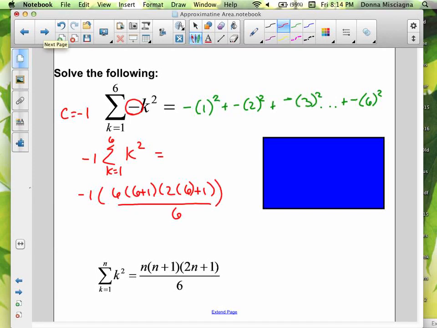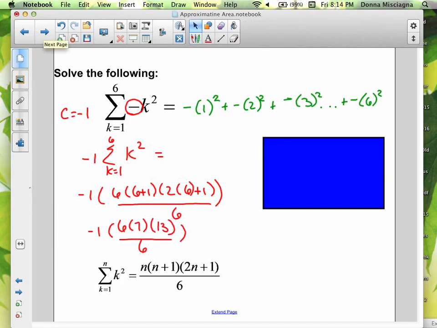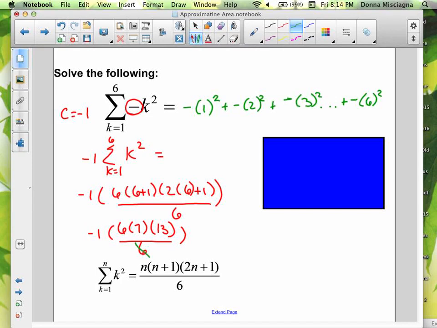Now I think I have all my parentheses in the right place, so I'm not multiplying anything I didn't intend to. So that would be negative 1 times 6 times 7 times 13, all divided by 6. It makes quite a bit of sense to cancel out the 6. So it would be negative 1 times 7 times 13, and that would be negative 91, right?